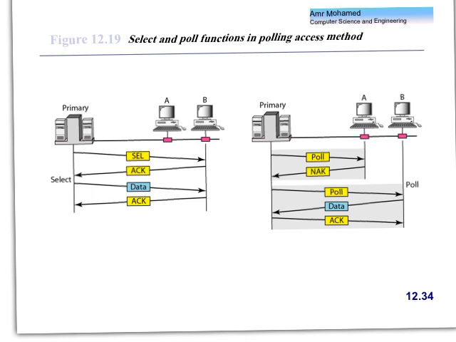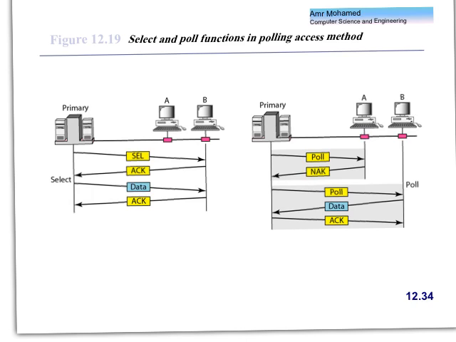I have to poll every single time, and maybe all these control signals will be wasted. I'm selecting you, I don't have data for you. I'm selecting you, I don't have data for you. But I have to keep asking. By doing that, I was able to eliminate collision. So there is some overhead on the primary node. Every time it has to ask, but that's the only way I can avoid collision.